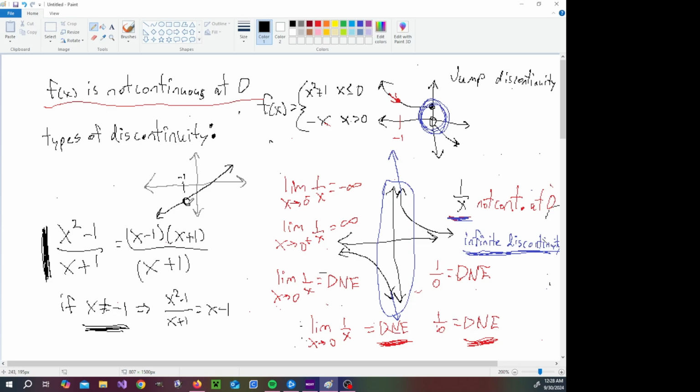So this is discontinuous, because the limit as x goes to -1 of this function is actually going to be -2, but f of -1 does not exist. So these are not equal to each other, and therefore this function is not continuous at -1.